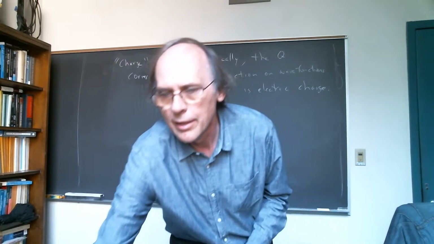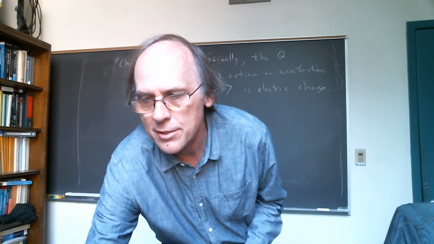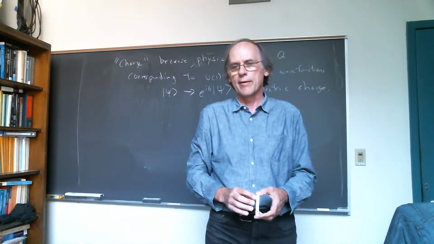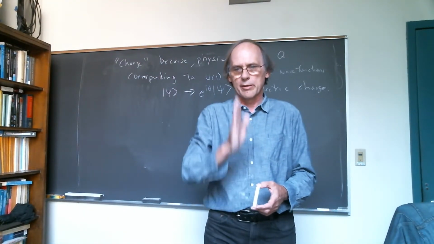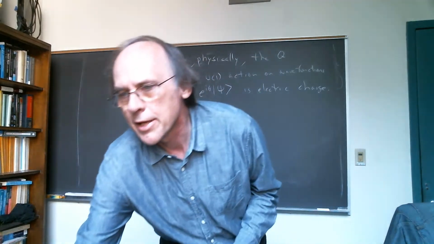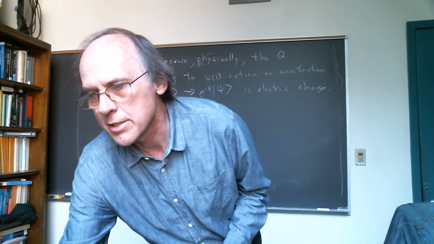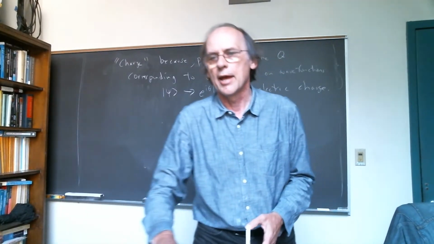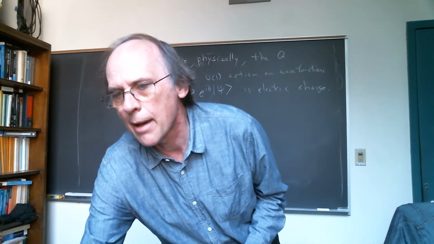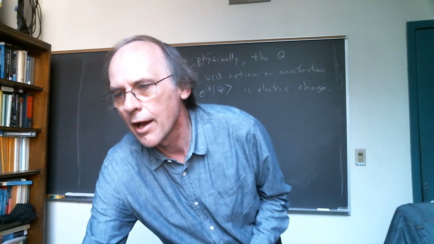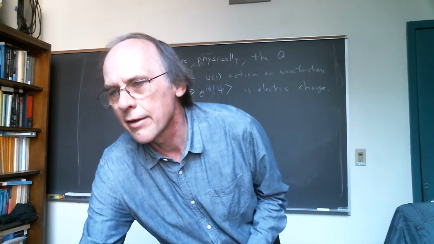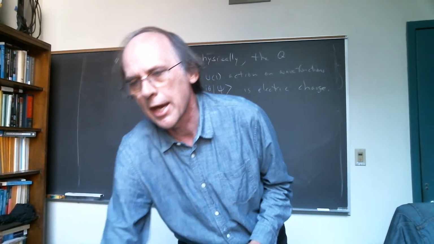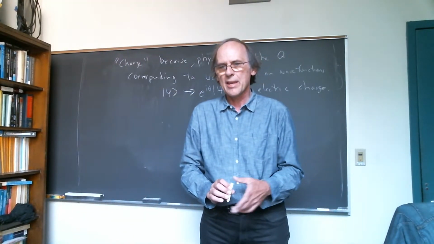The tangent space of the circle at the identity is just a copy of the real number line in the imaginary direction, and the tangent space here is going to be some more complicated linear space, and the derivative of this map takes this guy to this guy, and that's really the information carried by this charge operator.